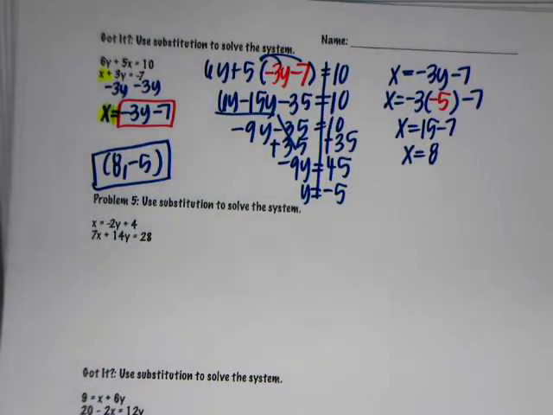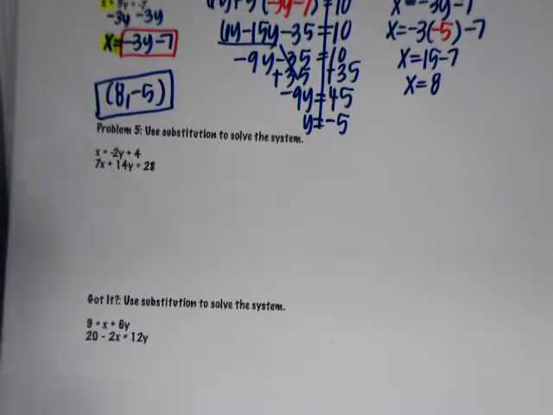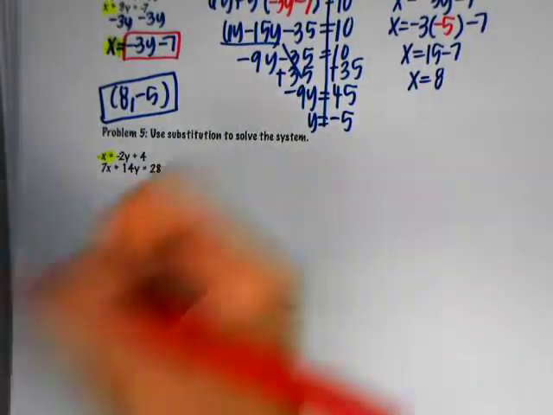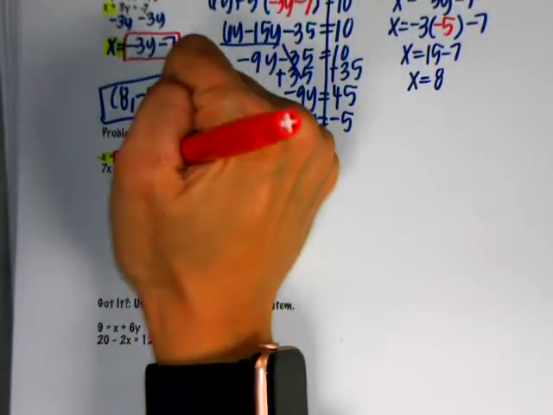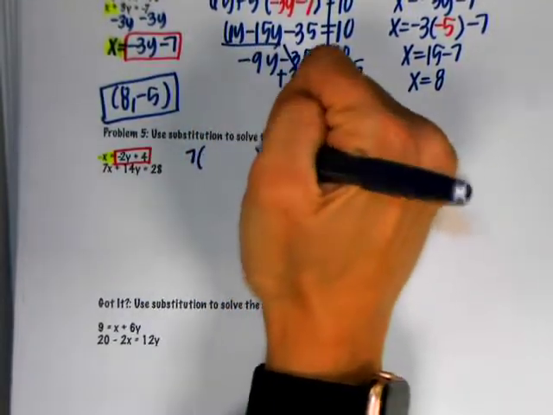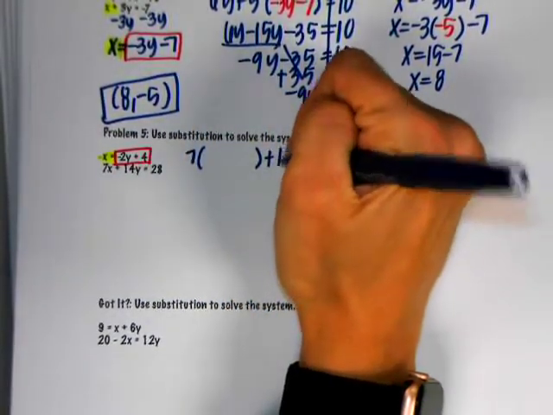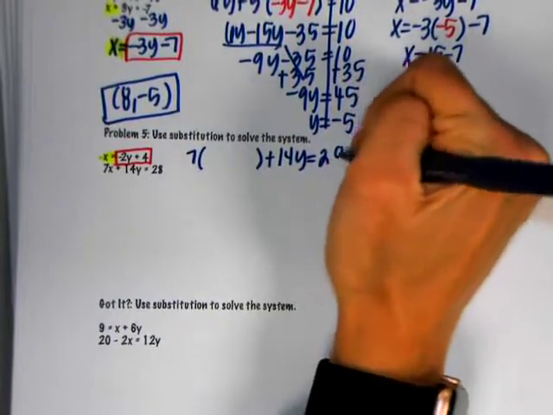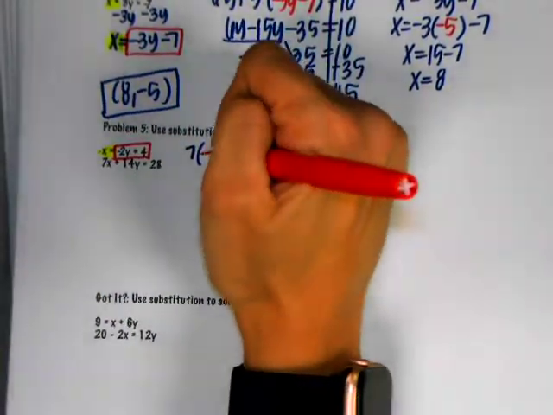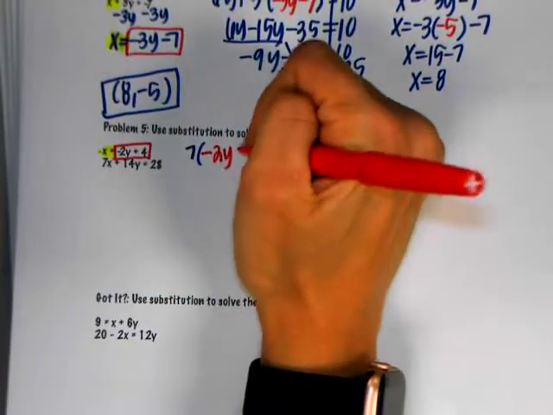Okay, last two. So this one, you have an x equals, so this negative 2y plus 4 is going in for x. 7 parentheses plus 14y equals 28. So in there is going to go negative 2y plus 4.